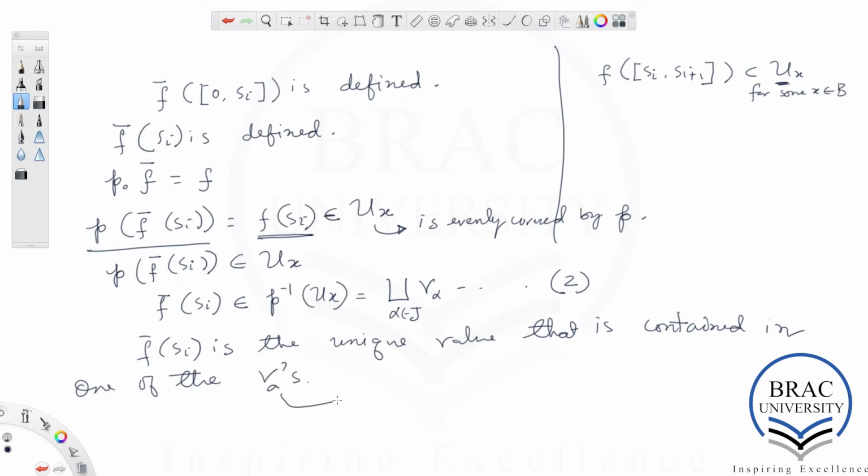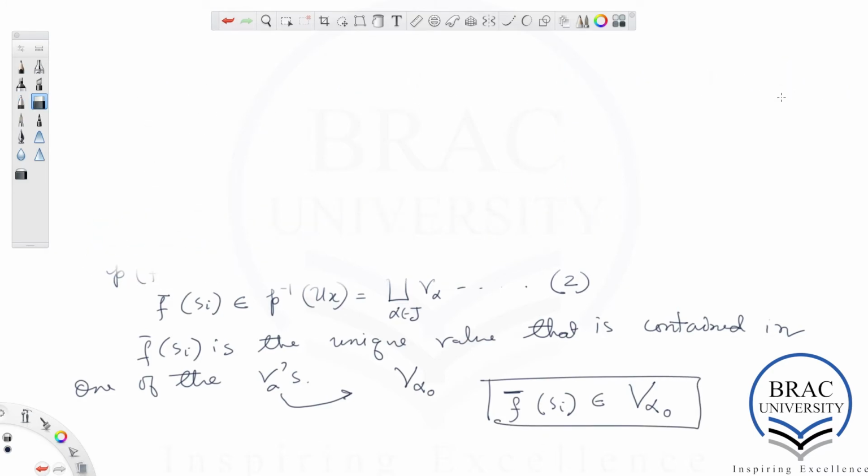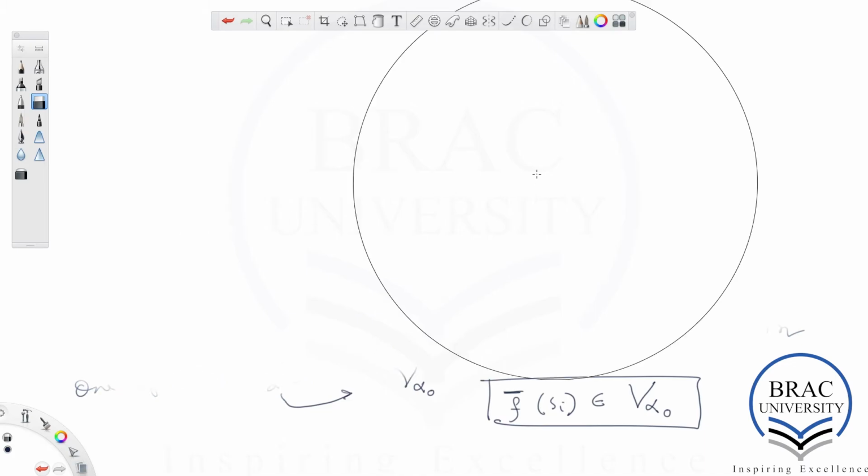So let us denote this V alpha to be V sub alpha 0, okay? Which means that we are assuming that F bar of Si is contained in this unique slice denoted by V sub alpha 0. Okay, good. This is our equation number 3.